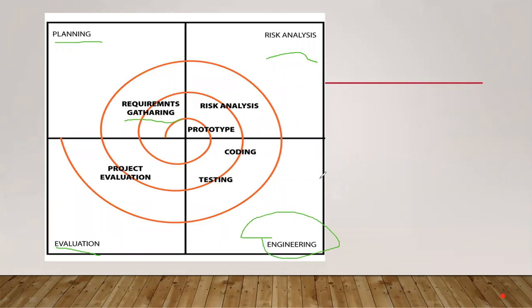Next, coming to the third phase, that is the engineering phase. What is the third phase we have here? The engineering phase. In this engineering phase, engineering in the sense of construction phase, we may call it construction and testing. Construction means after designing everything, we are going to start coding of that project, the practical implementation.